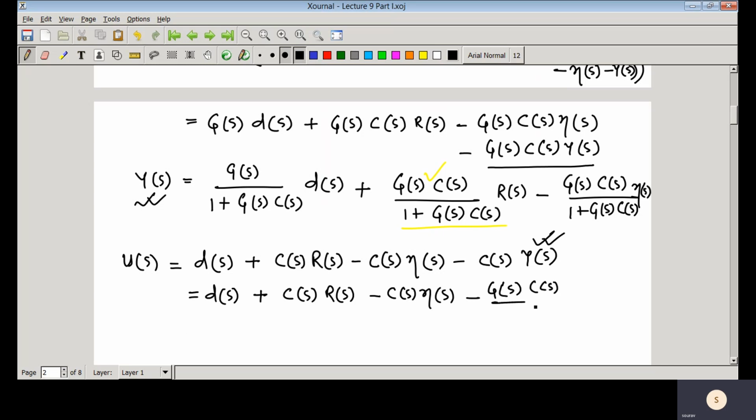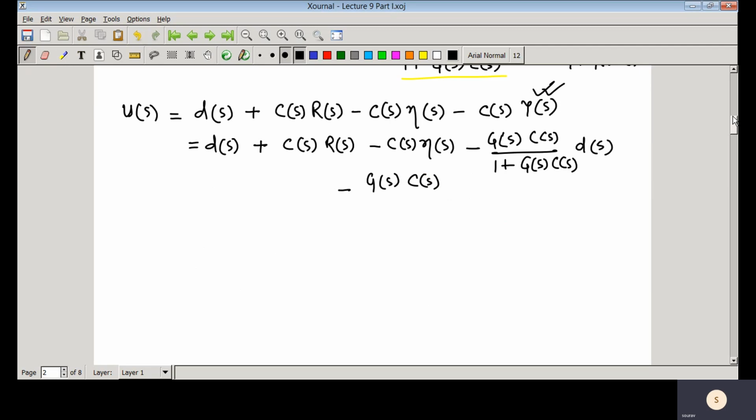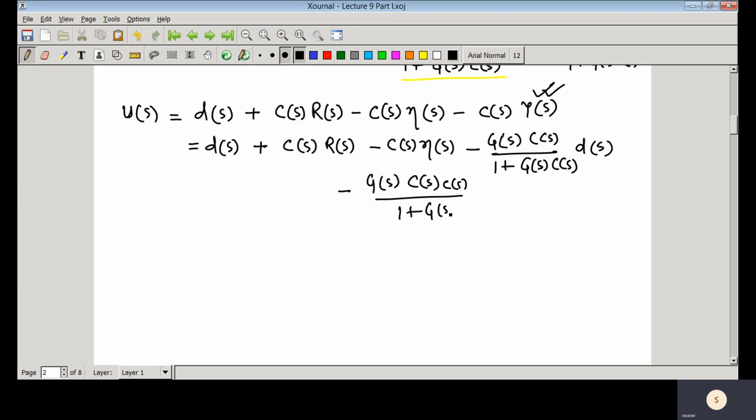GsCs 1 plus GsCs Ds minus GsCs, so that is Cs, again Cs, 1 plus GsCs to Rs, and the last term is GsCs into Cs.